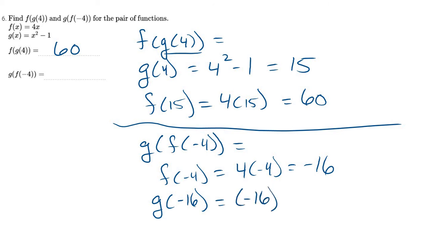So negative 16 squared minus 1. Off screen, I'm going to do a calculator quick. 16 squared, I don't know what that is. 256. Of course, negative times negative is going to be positive. So it's 256 minus 1, and we get 255. Hey, that's composition of functions.